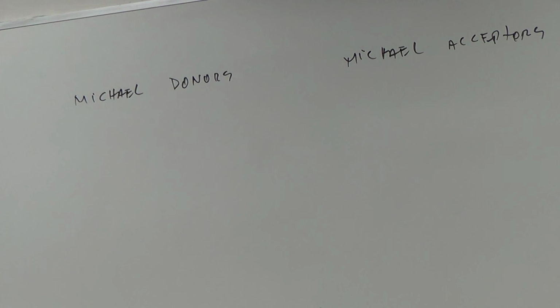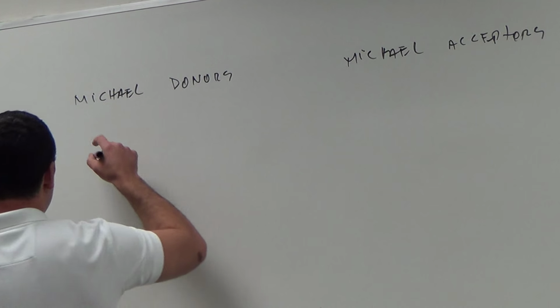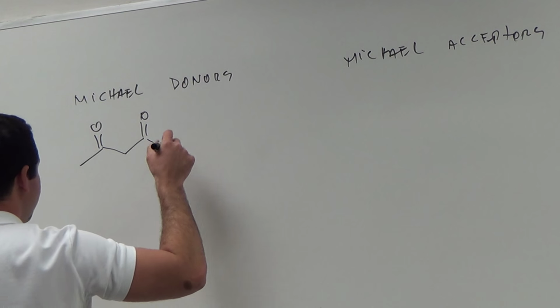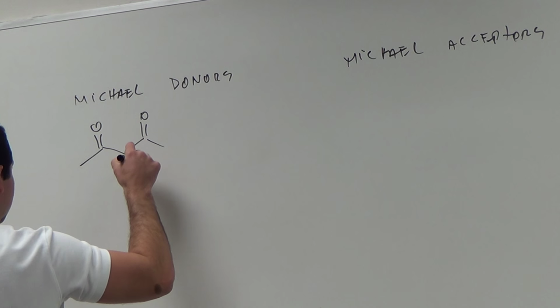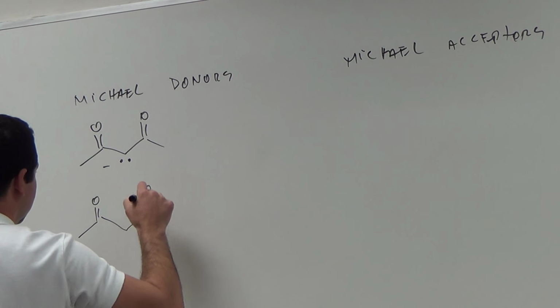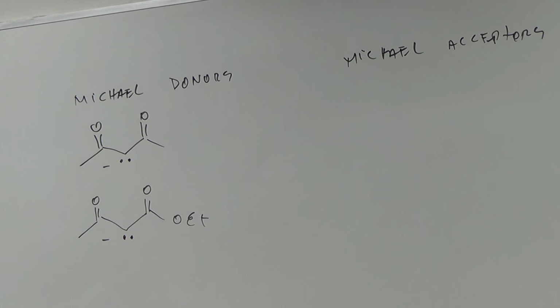So, Michael donors are things like this. They are dicarbonyls, okay? The conjugate base of a ketone is not a good Michael donor, okay?